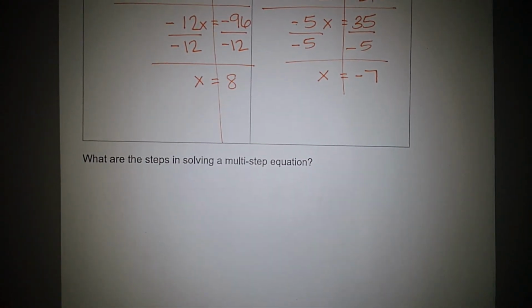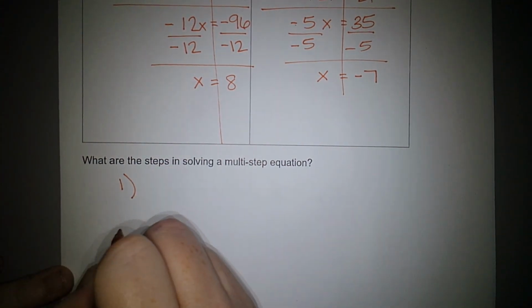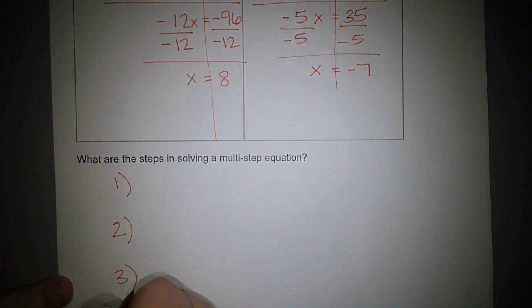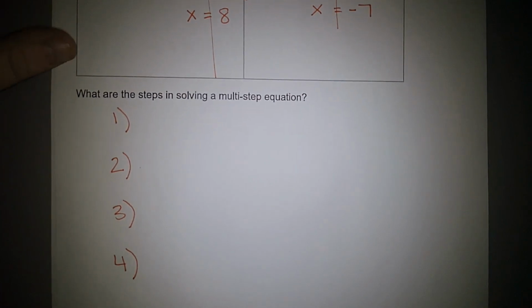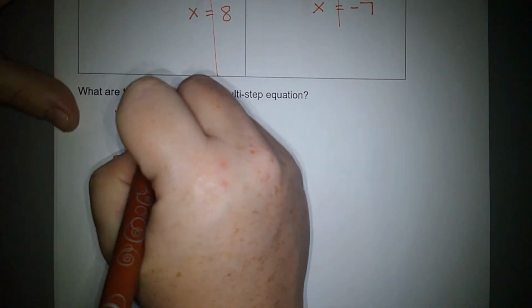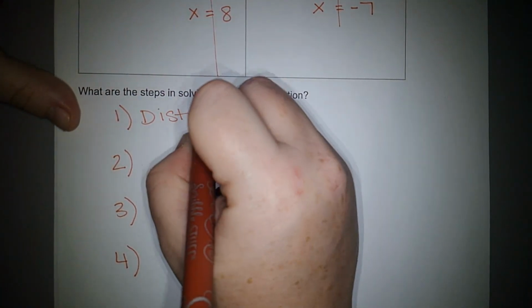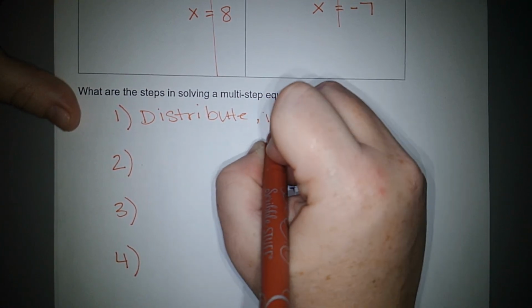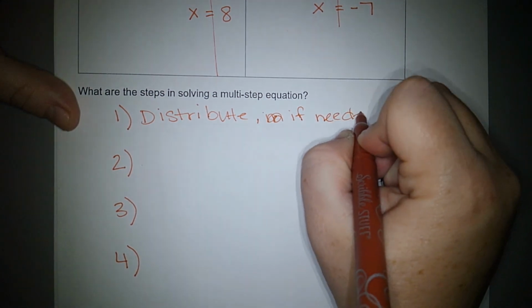Steps in solving a multi-step equation. 1, 2, 3, 4. Whew. There are 4 of them. First, you need to distribute if needed.